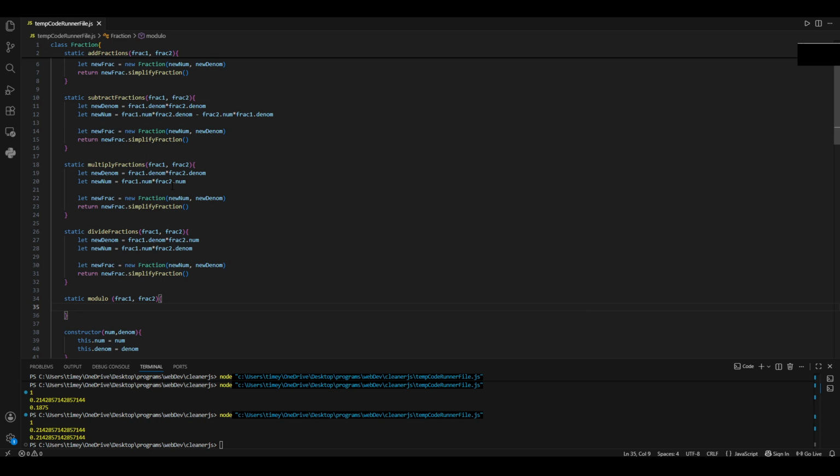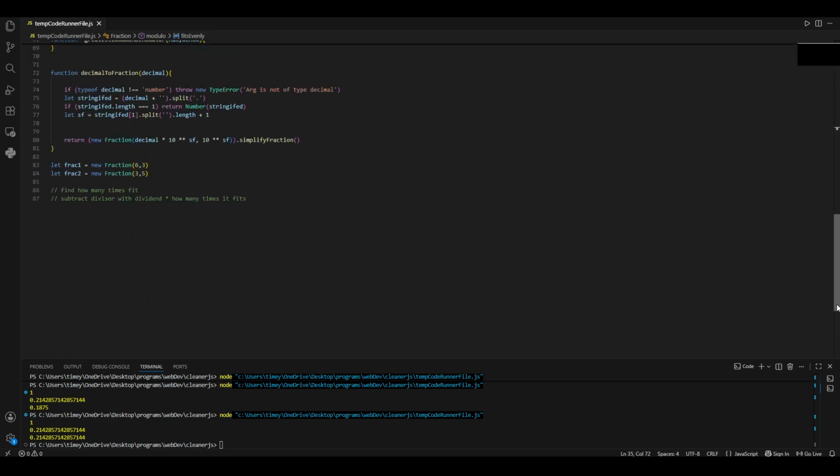So we're going to do this dot divide fractions, 1, 2, and then we're going to do math.floor. So then this is how many times it fits evenly.